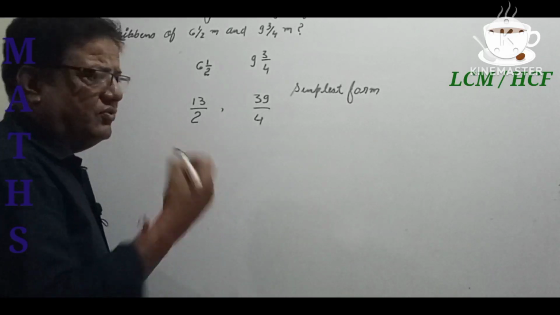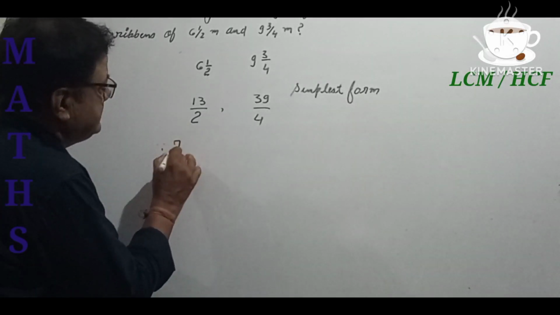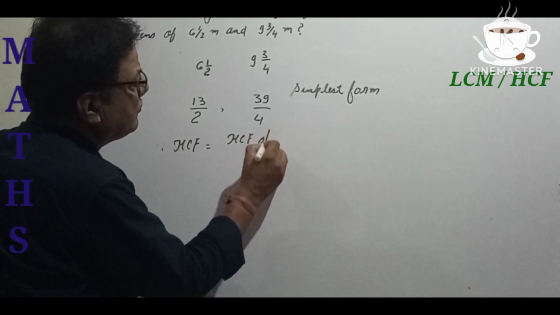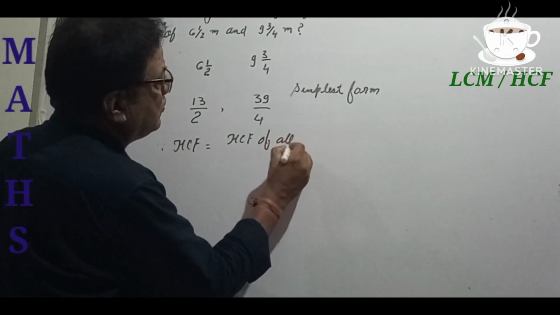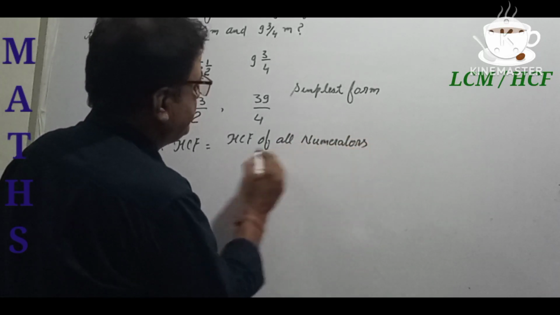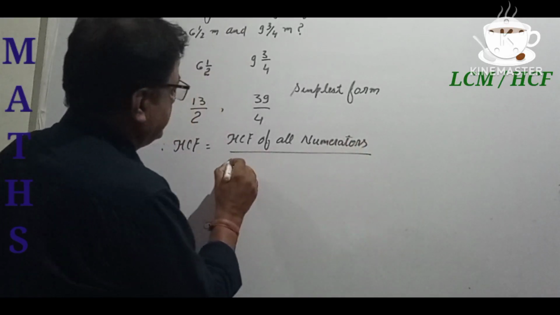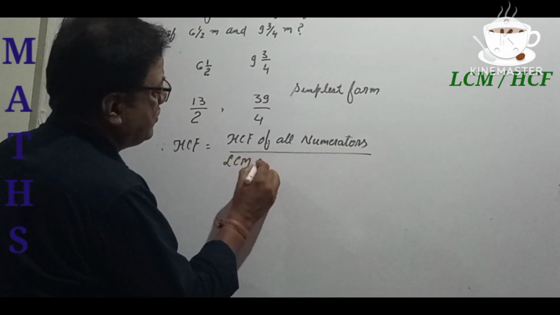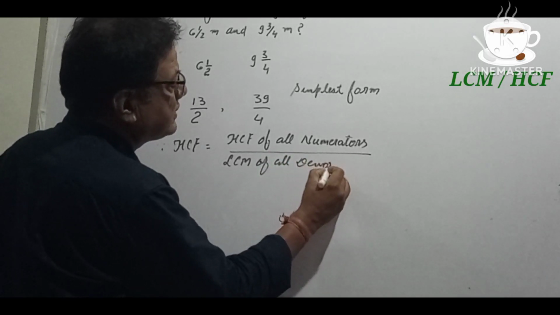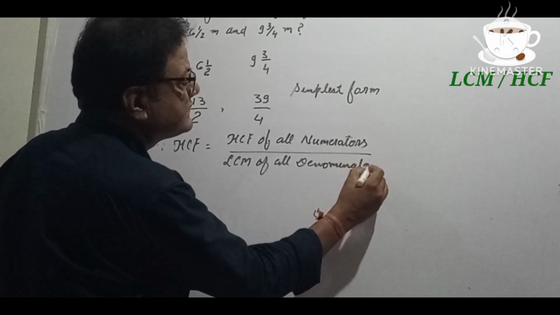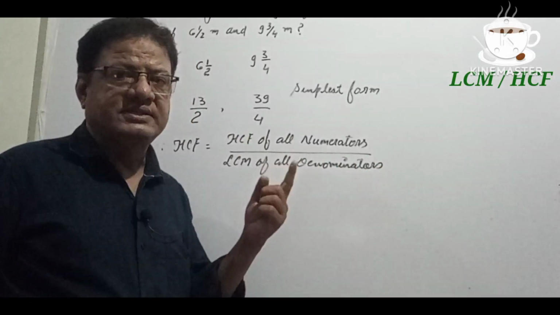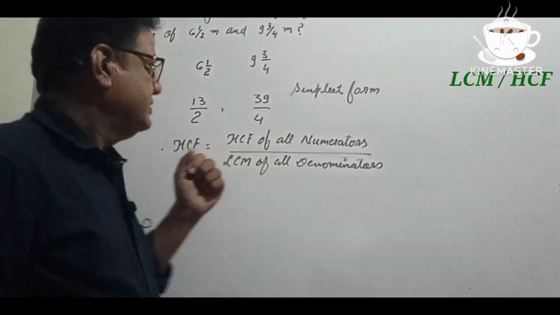So we use the formula, because SCF is equal to SCF of all numerators upon LCM of all denominators. We will use this formula to find the SCF of the given numbers.